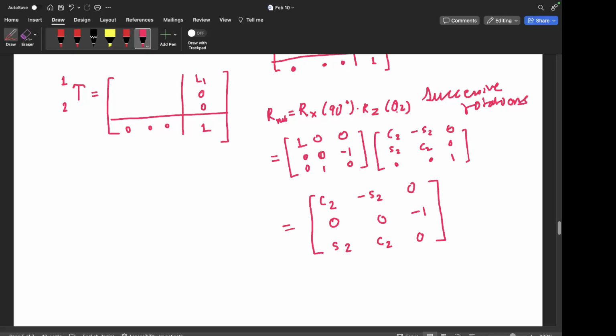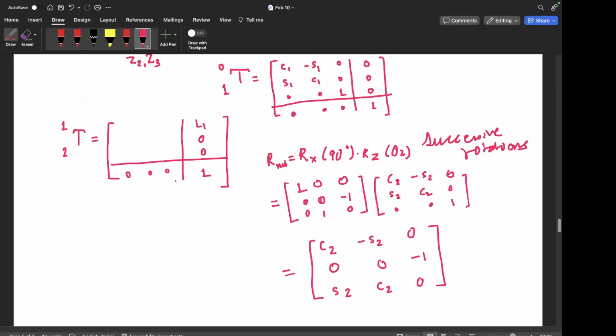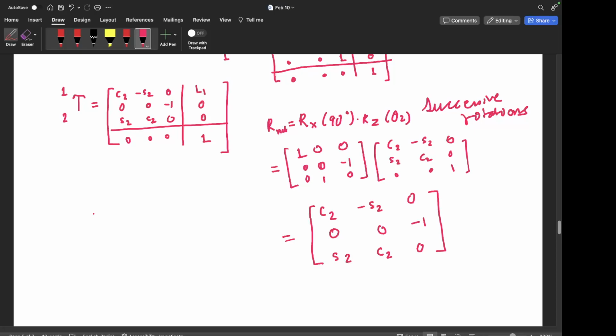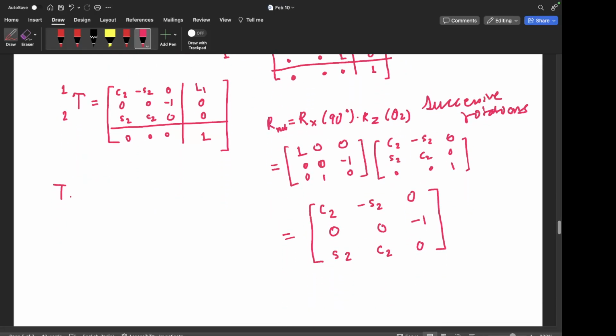Then about z by theta 2, this is the same, and then we multiply it, so we get the final rotation matrix, right? So let's fill it in here: c2, minus s2, 0; 0, 0, minus 1; s2, c2, 0. So this is the transformation from 2 to 1, and then finally from 3 to 2.